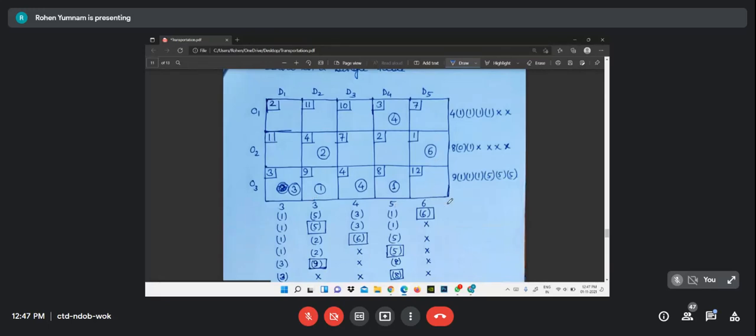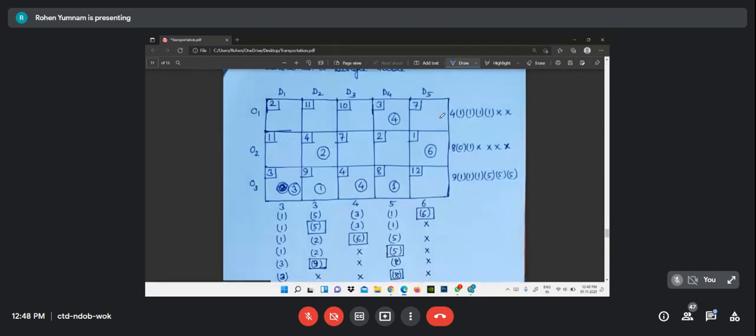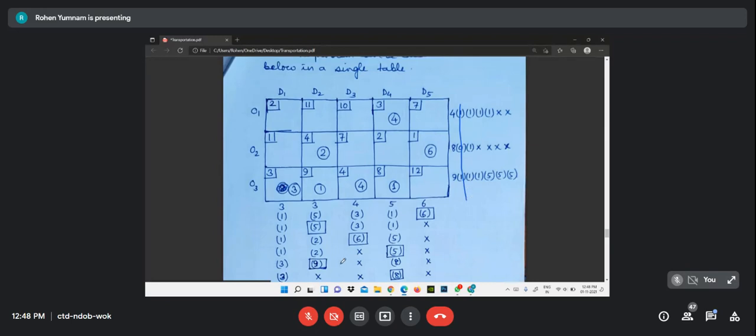See, in a single table, you can do everything here. See, this is for the first iteration. This is first. Here it is also. This one is the first, and second like this, third, fourth like this.